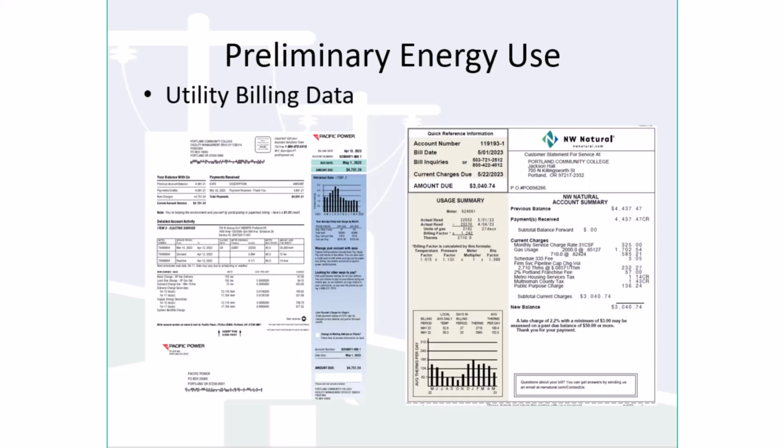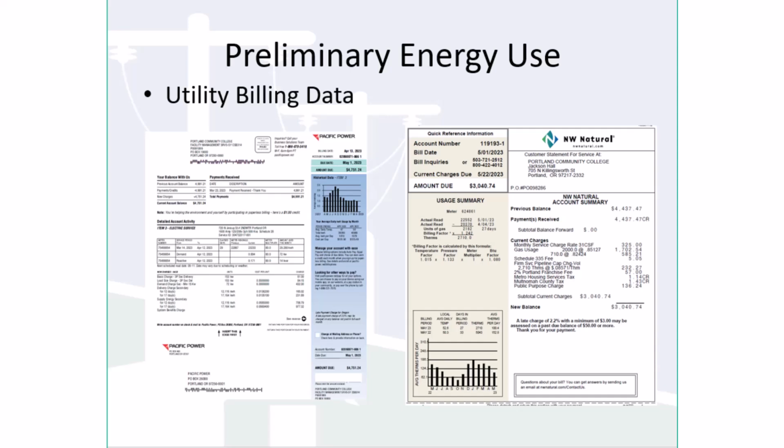Historical building utility data is usually obtained from the owner or the operator of the building before you go on site. And monthly energy use, power demand, and the cost for at least 12 months of utility use should be collected. If you can get 3 years of data, that is even better, but you need at least 12 consecutive months of utility data.